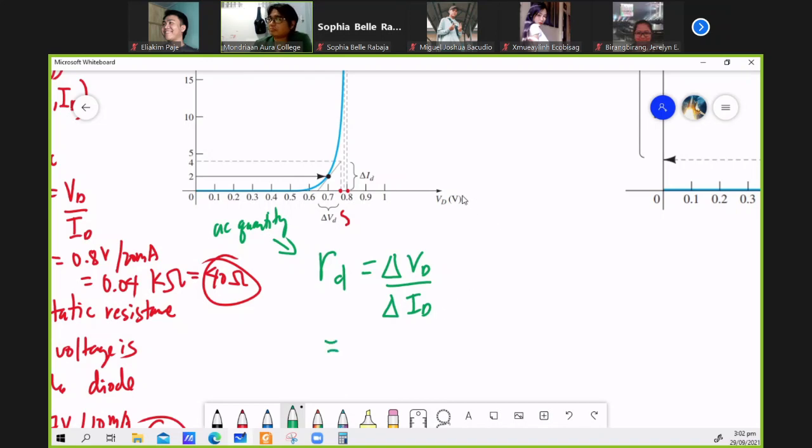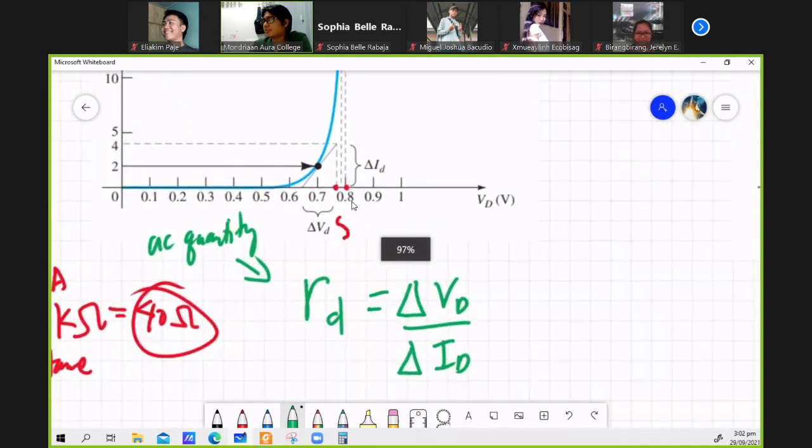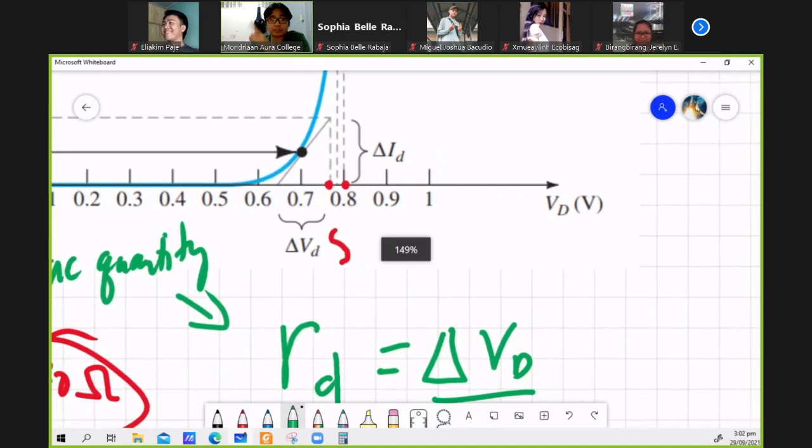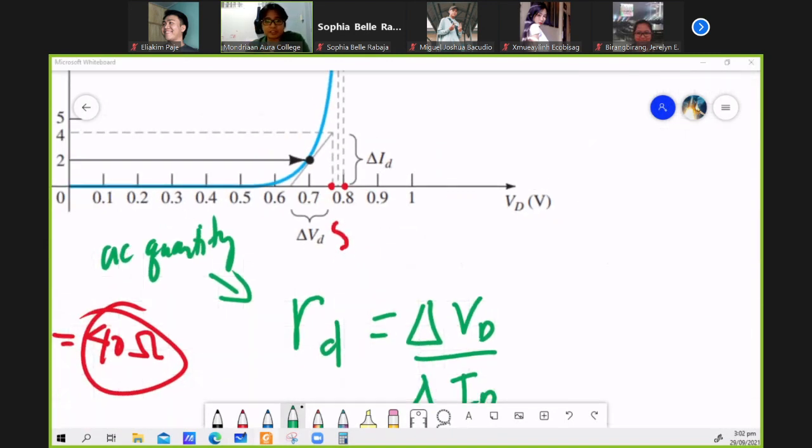Delta VD. So let's say this is around 0.85. Teka, meron akong dito eh. Kasi sa book ito kinuha, no? May specific value siya dito. Hindi ko kasi ma-project ng pag ganun. Sobrang liit. Ang given dito is 0.8 tsaka 0.78.